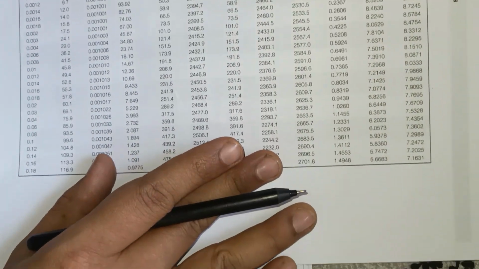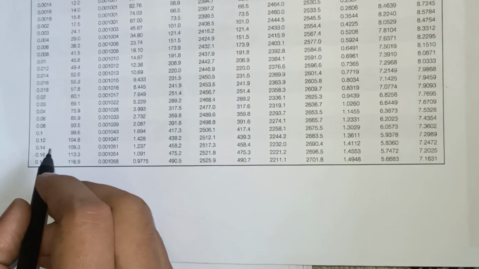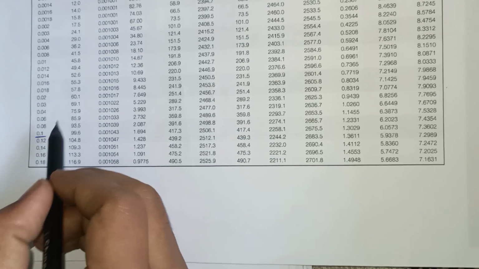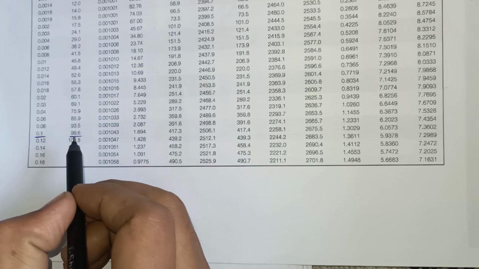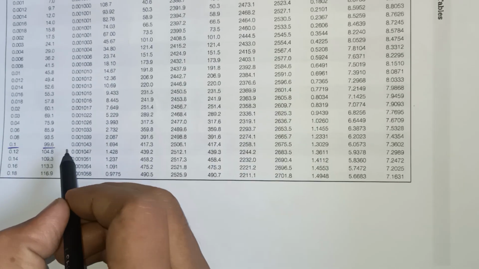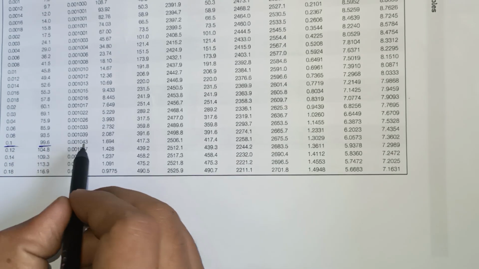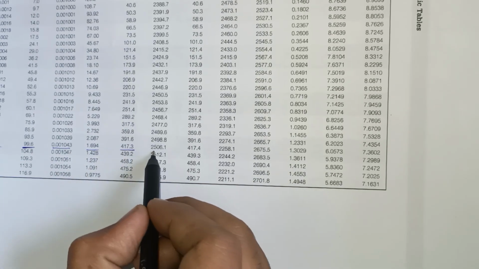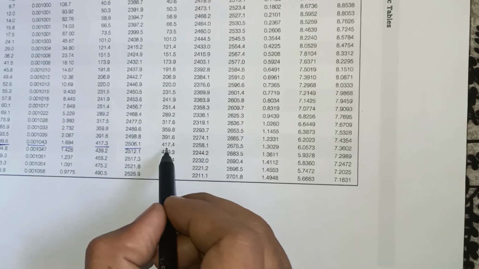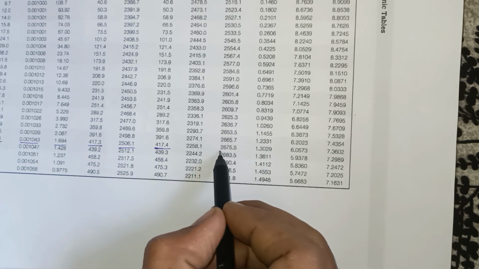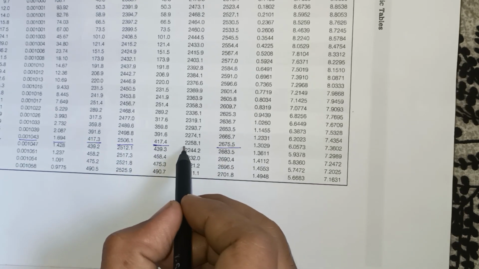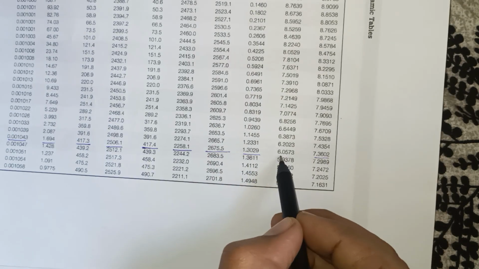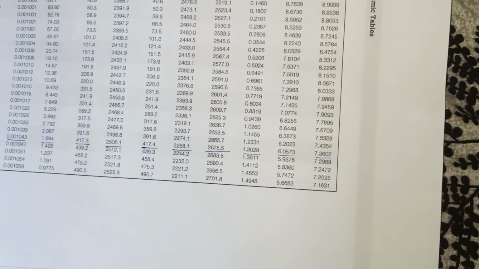Suppose you want to find for a pressure of 0.1 megapascal, the boiling point temperature will be 99.6 degrees Celsius, and with respect to this point you can get the values Vf, Vg, Uf, Ug, Sf, Hf, Hg, Hfg, Sf, Sg, and Sfg. In this way you can find all the properties in the steam table.